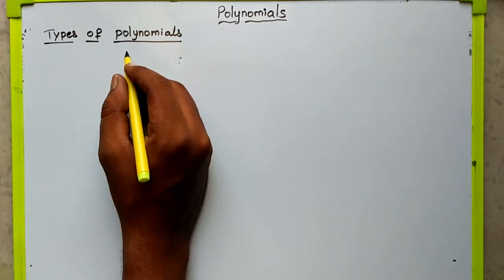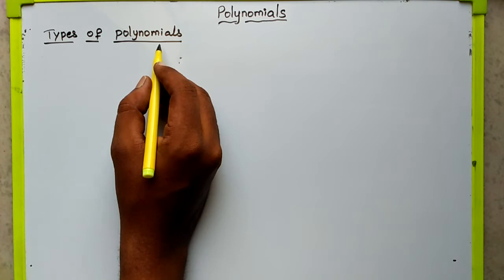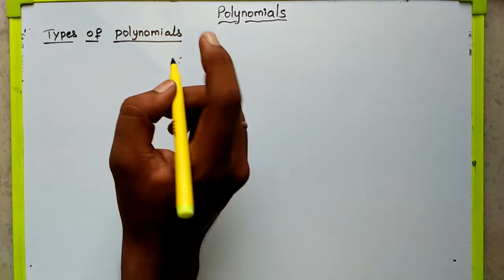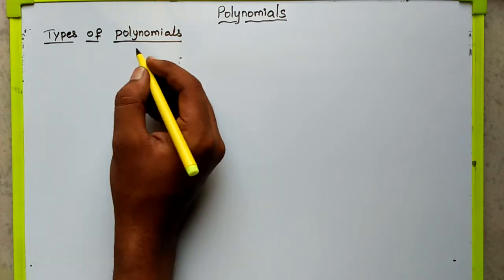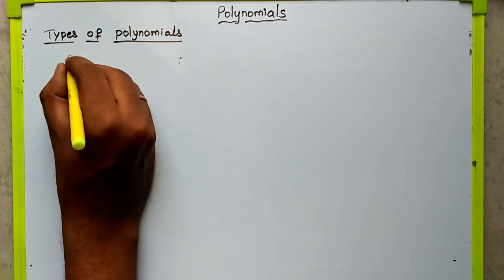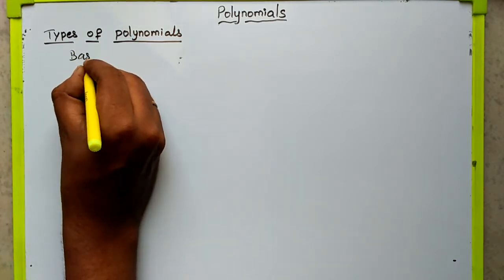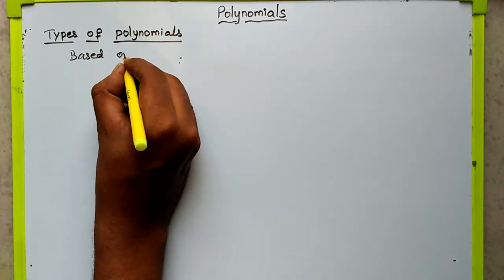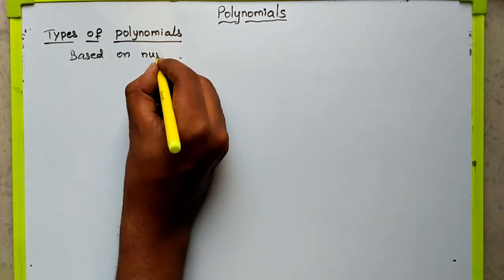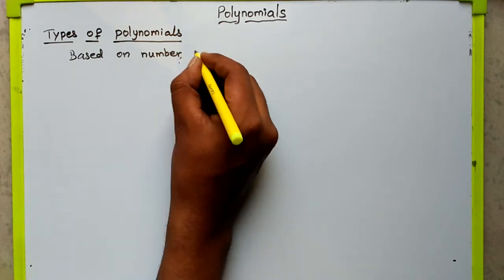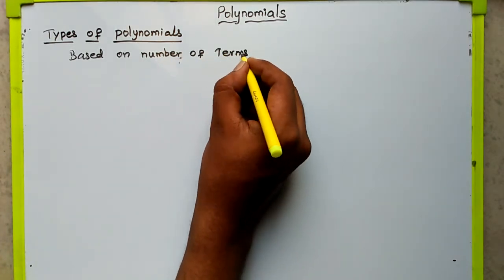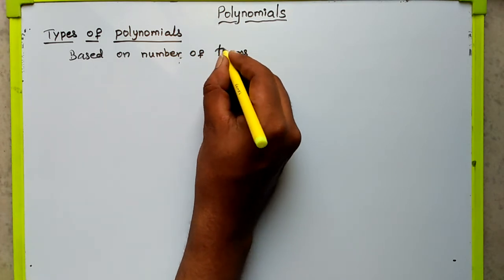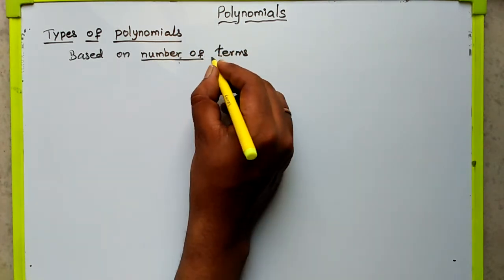So type of polynomials. We will take first based on number of terms. This point only is very important. Based on number of terms only we have to check.